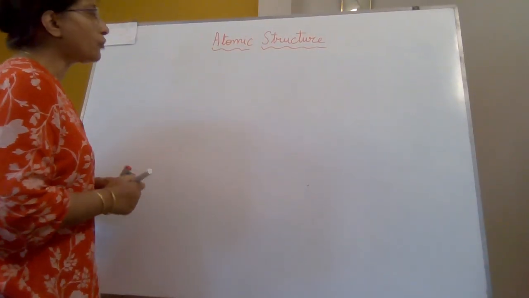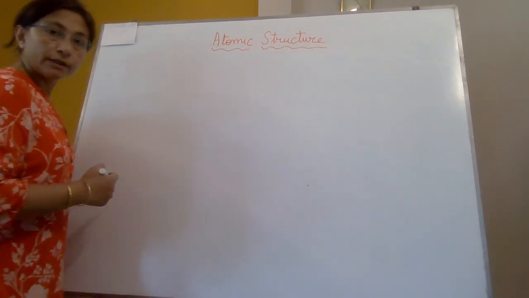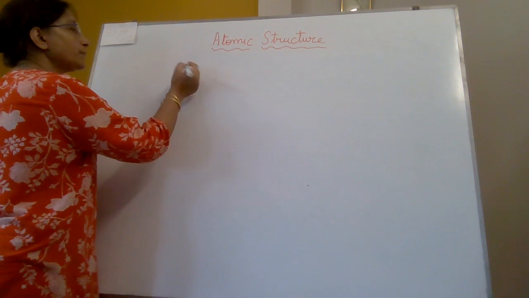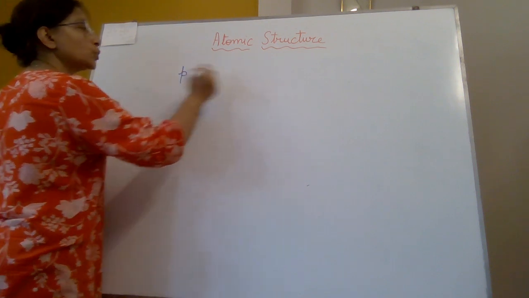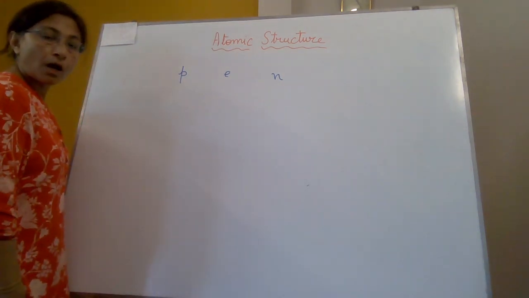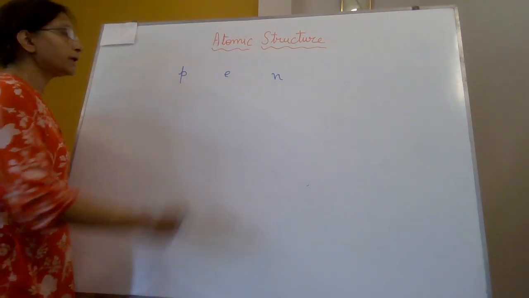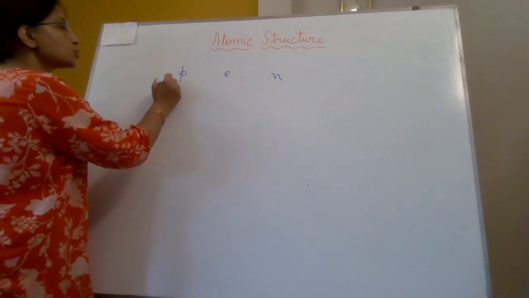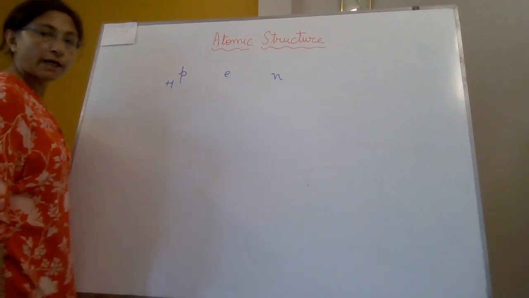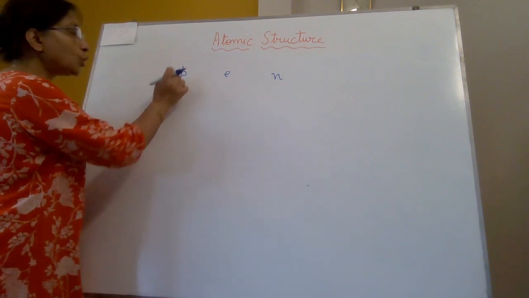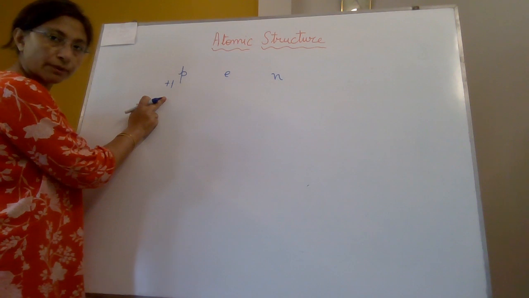Now let us talk of how to represent these subatomic particles. The subatomic particles, that is the proton, electron and neutron, are represented by obviously a charge and the mass. So the charge is written as the subscript. Any script which is written lower is called subscript.